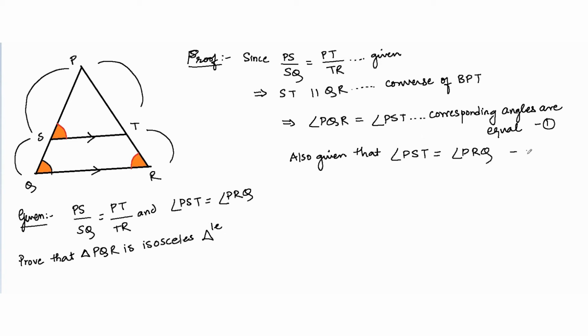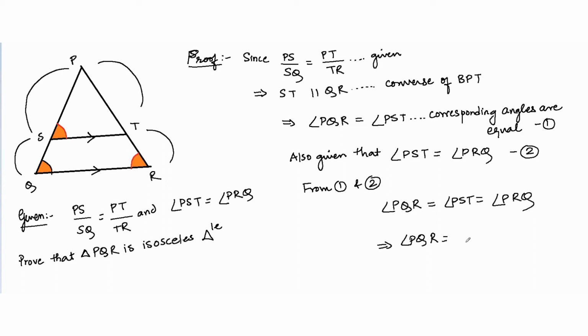So from equation 1 and 2, I can therefore conclude that angle PQR is equal to angle PST is equal to angle PRQ, and therefore I can say that angle PQR is equal to angle PRQ, and because the base angles are equal, I can conclude that triangle PQR is an isosceles triangle, right? So this is how I can prove that the given triangle is isosceles. So pausing for a couple of seconds before moving on to the next proof.